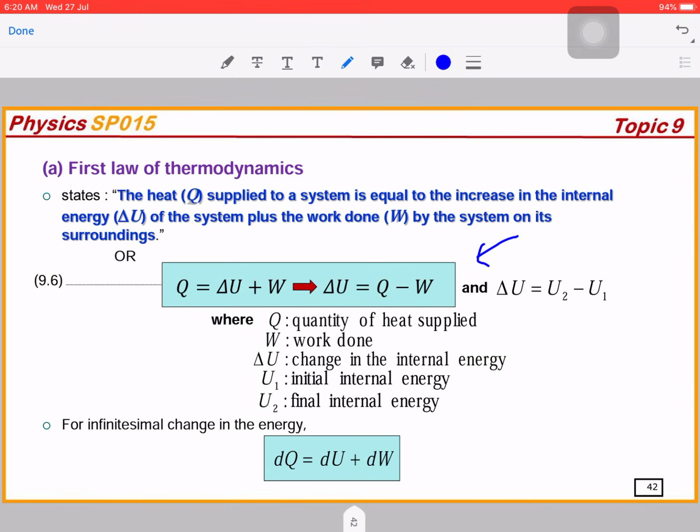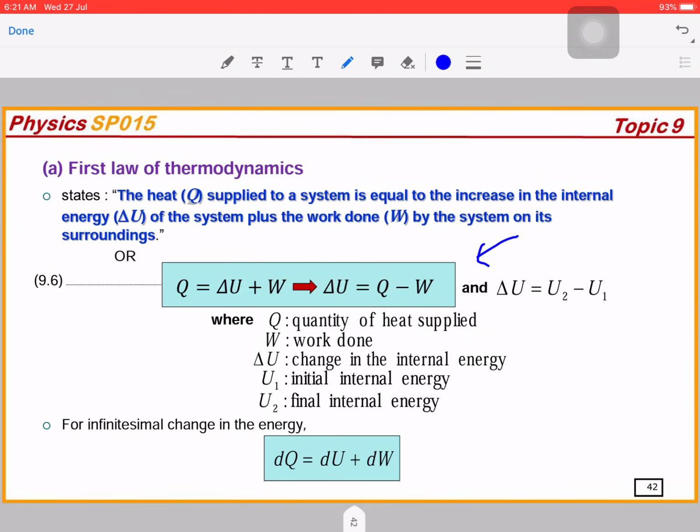Here Q is the quantity of heat supplied, W is the work done, and delta U is the change in internal energy, where U1 is the initial internal energy and U2 is the final internal energy. In this equation, the positive and negative signs for Q and W are very important.